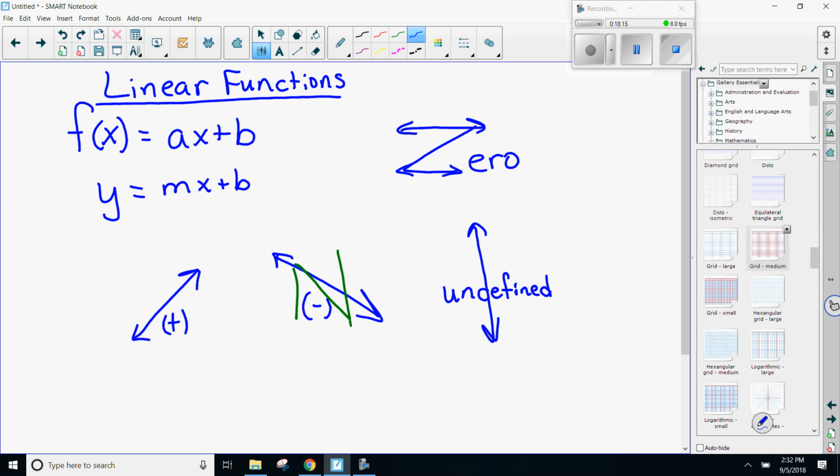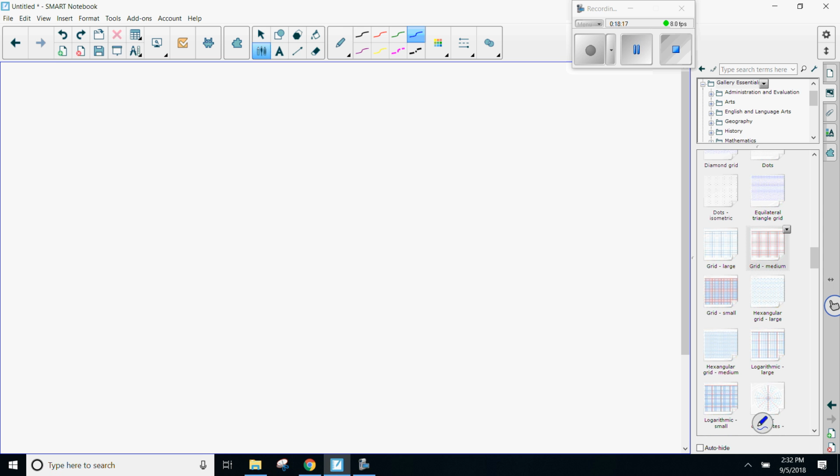The first thing that they're going to give you for an example is they're going to ask you to sketch the graph of y, which is equal to f of x. Those mean the same thing, which is equal to 1/2 x minus 2. Could you graph that?